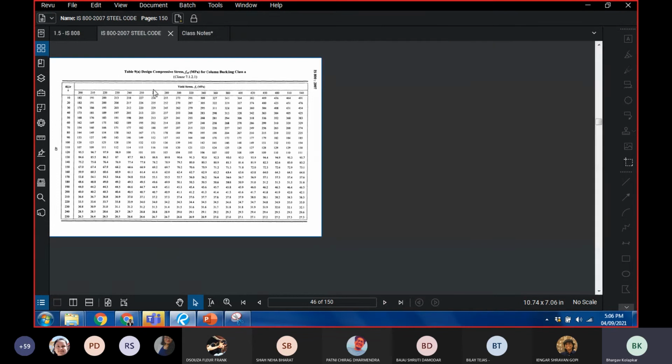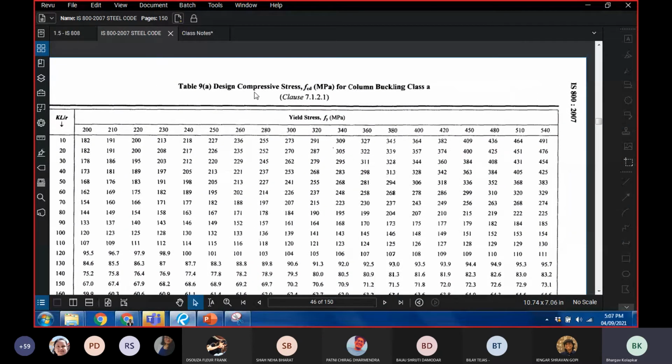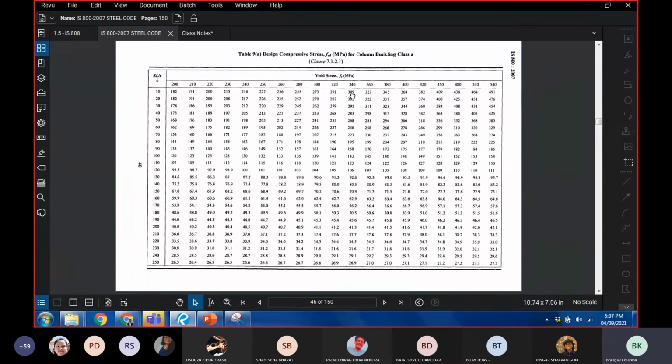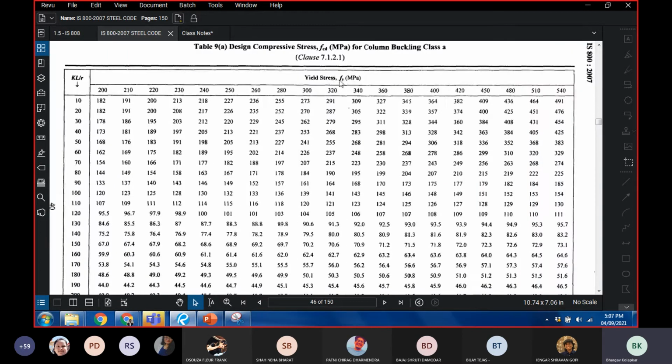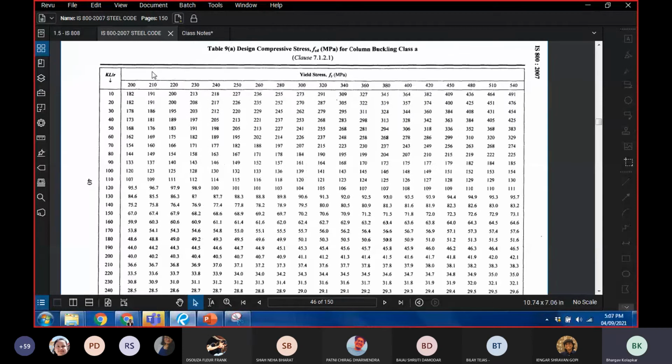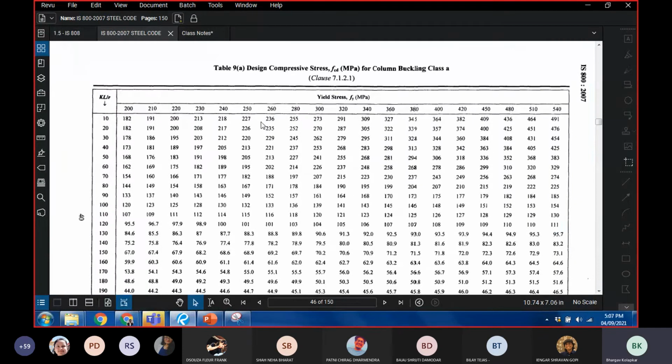here the code gives the values of the design compressive stress for column buckling class A. It gives all these values for different values of slenderness ratio, and these various columns are for different values of Fy. Now let us look at the trend in these values. For a particular value of KL upon R, the value of FCD increases as the yield stress increases.